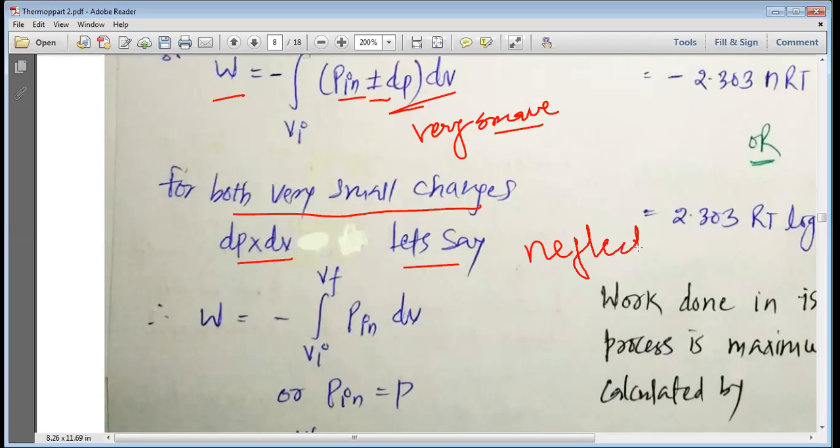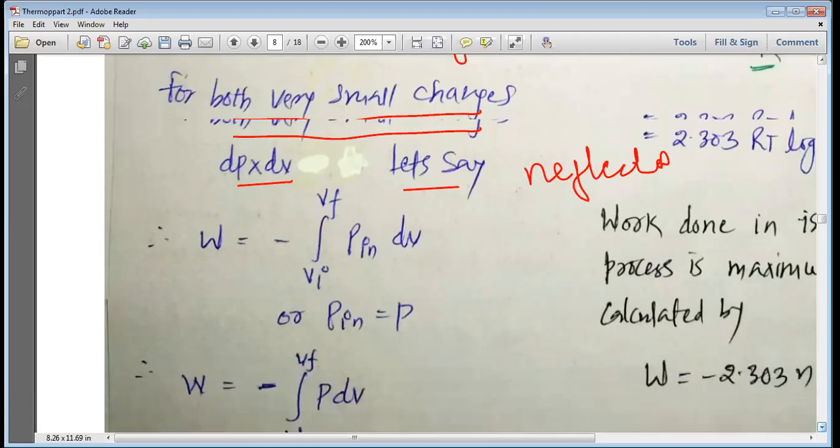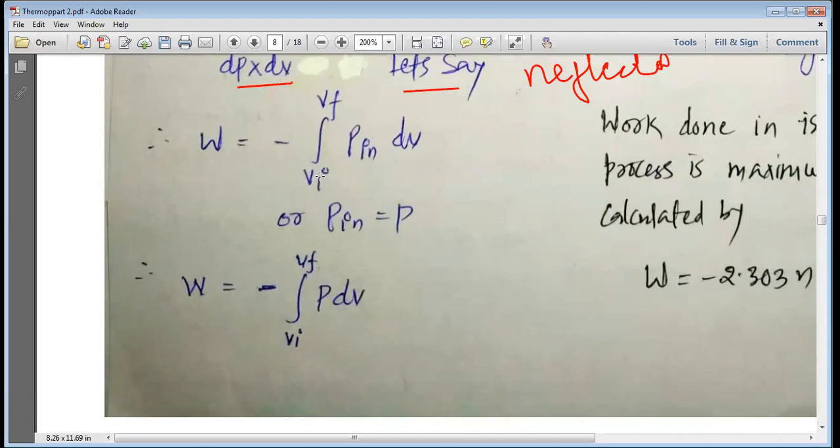So when we neglect this value, we can have W is equal to P internal into dV. So we can write that W is equal to minus integration Vi to Vf, P internal into dV.